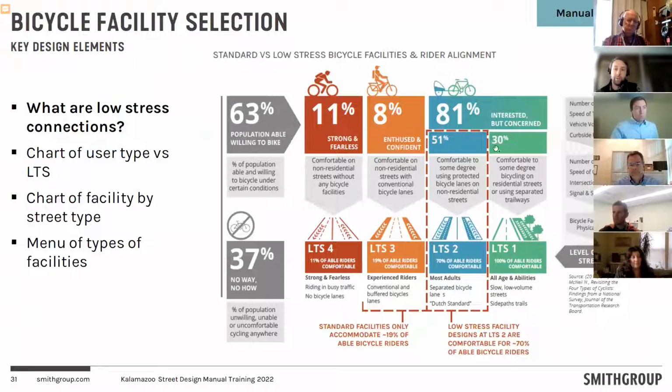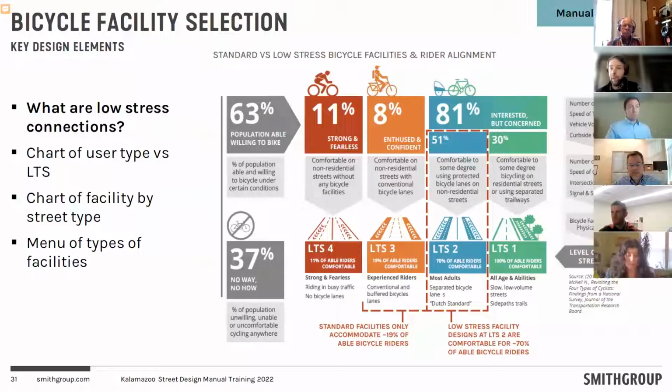And so as a starting point for thinking about a low stress bike route, if you're able to design to that LTS 2 category, you're hitting about 70% of the bike riding or willing bike riding population who is likely to be comfortable on that kind of facility. So you're going from 20% up to 70% right there, which is a pretty big jump.